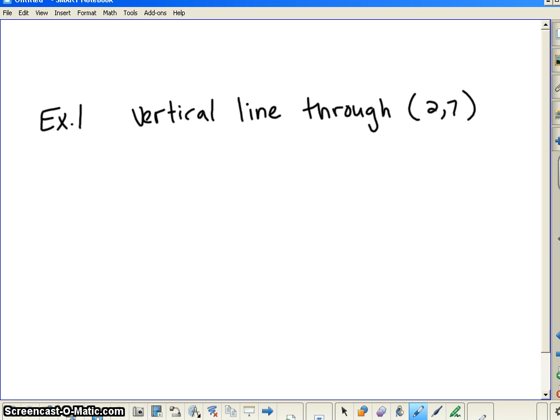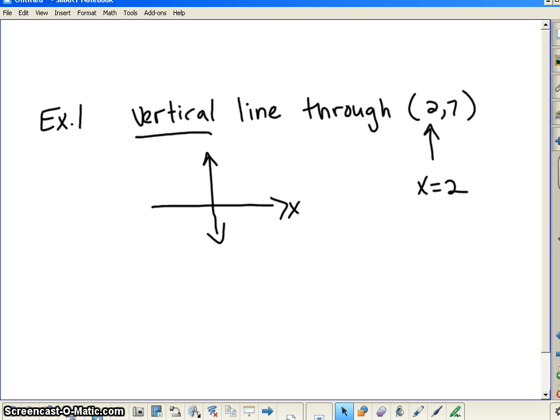Okay, so it's like this. Okay, go down, so that means it's only going to cross the x. So the equation is x equals 2. Okay, we can't write our answer in standard form because we only have one variable.